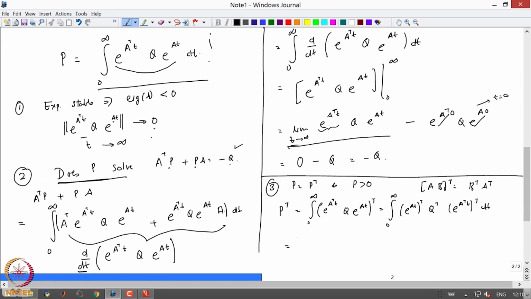Okay. So, the first term would be e power A transpose t. Q is symmetric, symmetric is what, Q equal to Q transpose. So, I just write it as Q, and the third term will be e power A t dt, and P transpose therefore is equal to P.